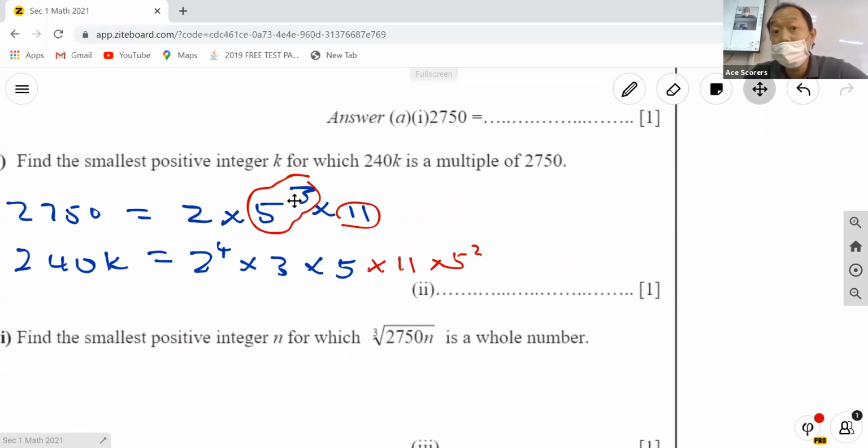That means what is missing from here is basically your K, which is 11 times 5 squared. Okay, small positive integer. So 11 times 5 squared is 275. K equals 275.